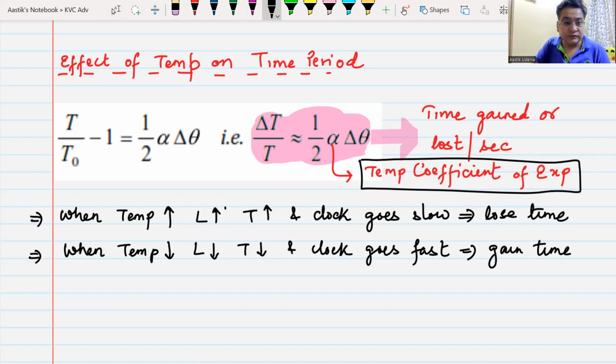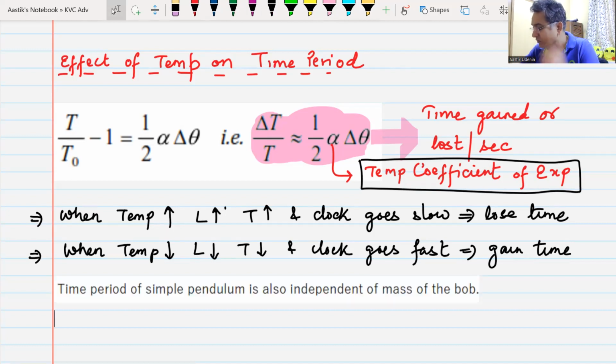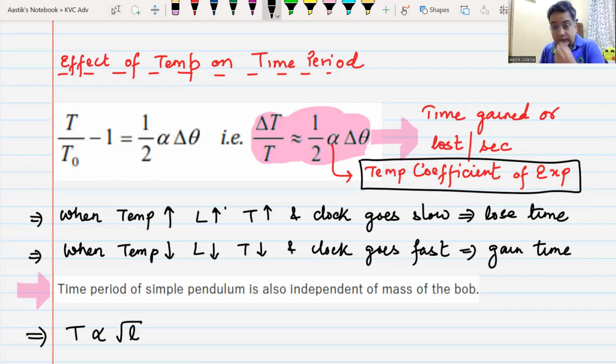So, whatever be the mass of the bob, if you replace the bob with a heavier bob or a lighter bob, it does not make any difference whatsoever, because it is independent of the mass of the bob. The next thing you must remember always, time period is proportional to root over L. That means it is directly proportional to root over length.